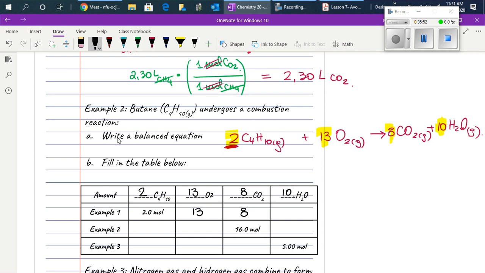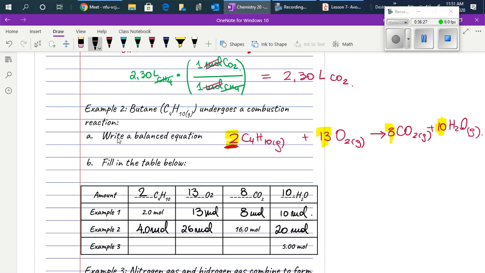Now if we have 16 moles of carbon dioxide, and 16 is 8 times 2, then we will have 2 times 2 moles of butane, 2 times 13 is 26 moles of oxygen, and 2 times 10 is 20 moles of water.